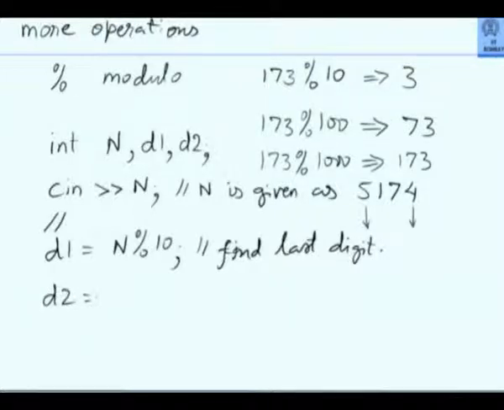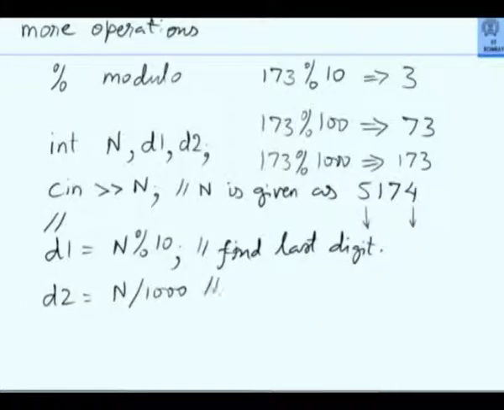Divide by 1000. Okay. What will happen when you divide by 1000? 5174 divided by 1000 ordinarily would have been 5.174. But since both are integer, it will be only 5.